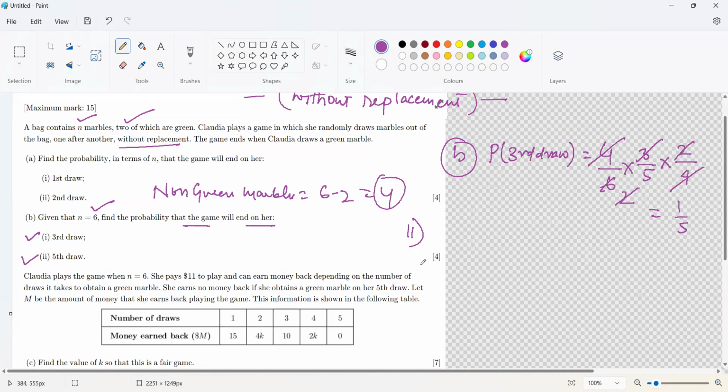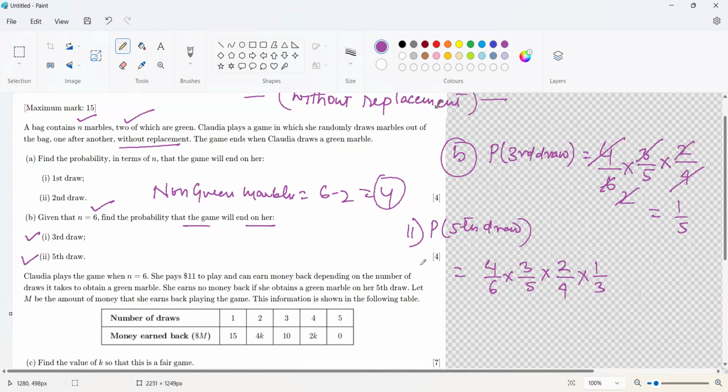Come to part 2. She is able to pick the green marble on the fifth draw. It means in the first 4 draws, she wasn't able to pick any green marble. So the probability would be 4 out of 6 times 3 out of 5 times 2 out of 4 times 1 out of 3.